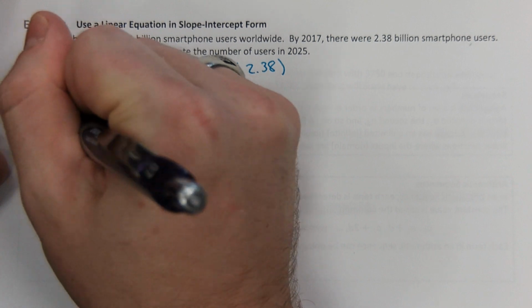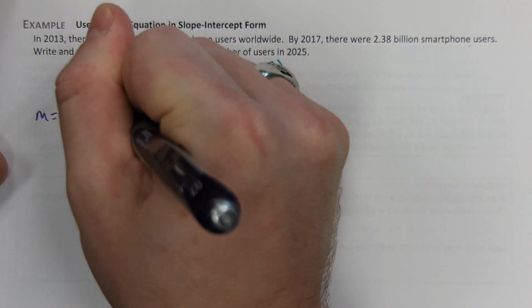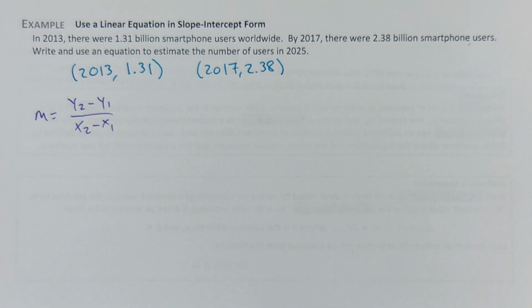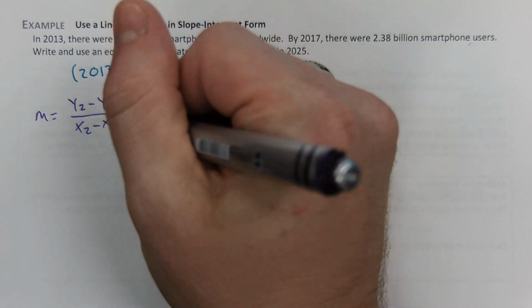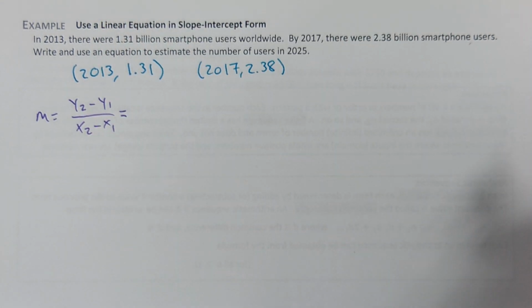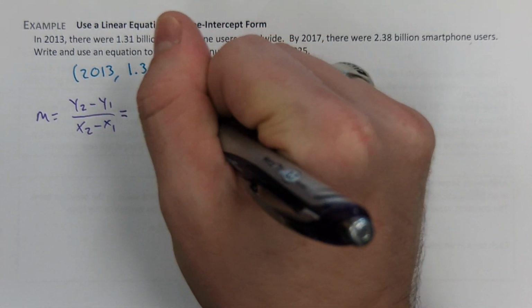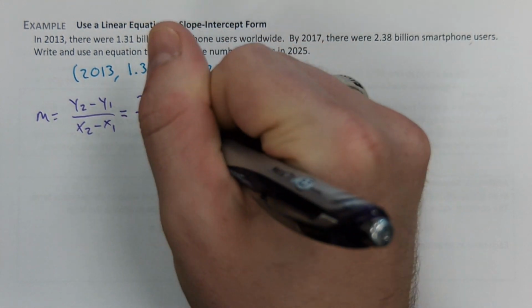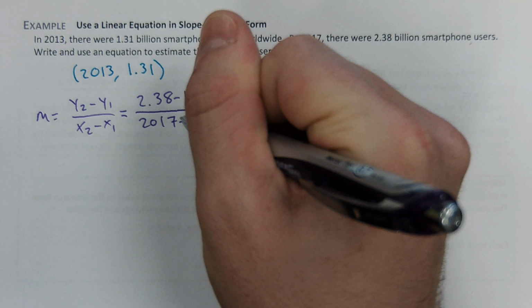Brock says y2 minus y1 over x2 minus x1. Yes, that is the slope formula. Just fill it out: your second y minus your first y, over your second x minus your first x.